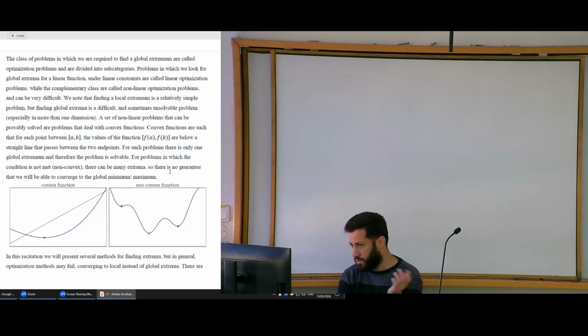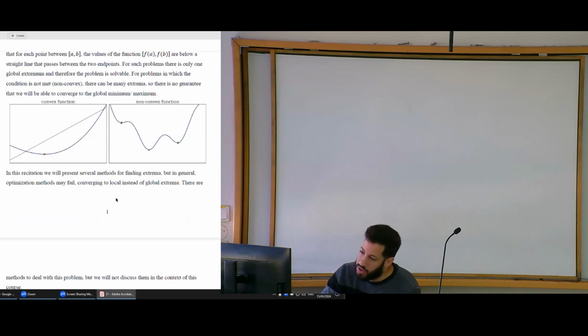If not, we call this nonlinear optimization. So we will talk about nonlinear functions, but we will assume that we have a minimum there that we will converge to. And let's think about the simplest two methods.